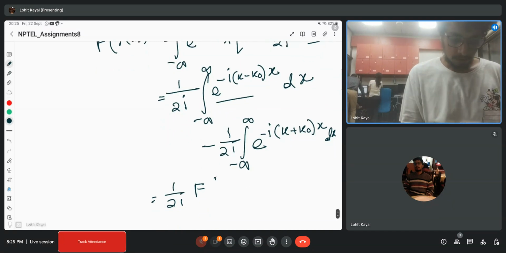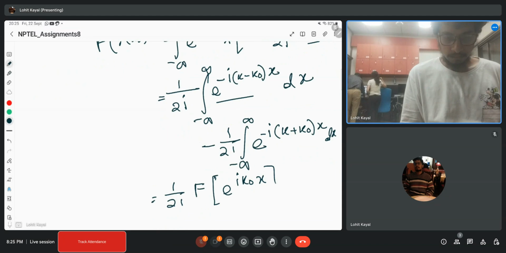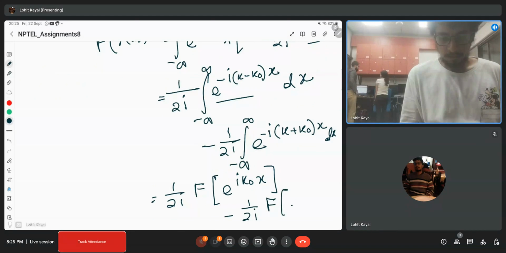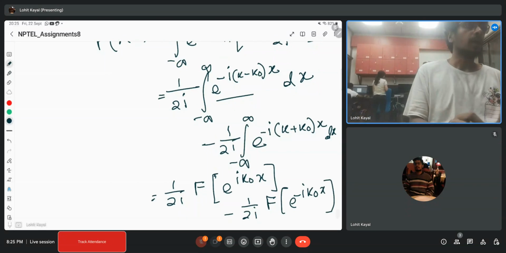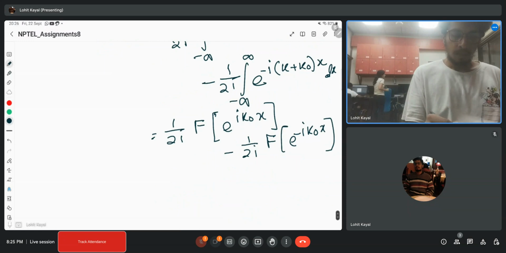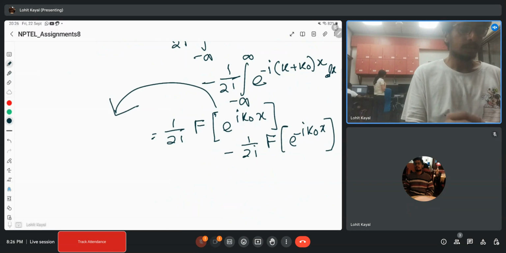So this is a Fourier transform of e to the power i k0 x minus 1 by 2i Fourier transform of e to the power of minus i k0 x. Now this is something new to you.